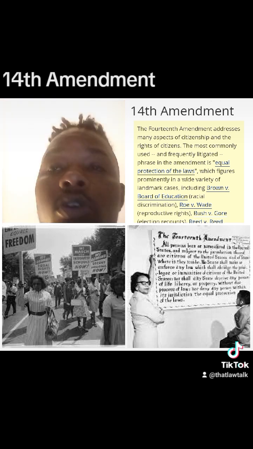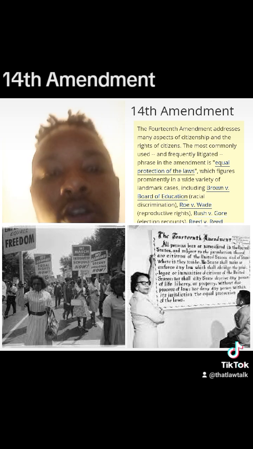Public Debt Clause. This clause declares the validity of the public debt of the United States, while also prohibiting the assumption of debts incurred in support of insurrection or rebellion. It also declares that claims for the loss or emancipation of slaves are void, right?